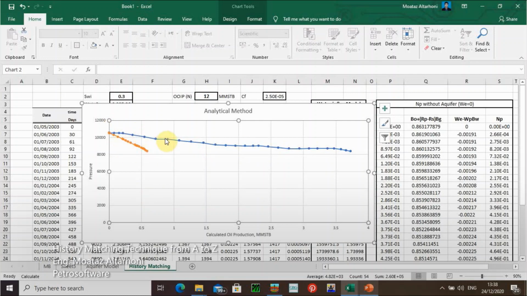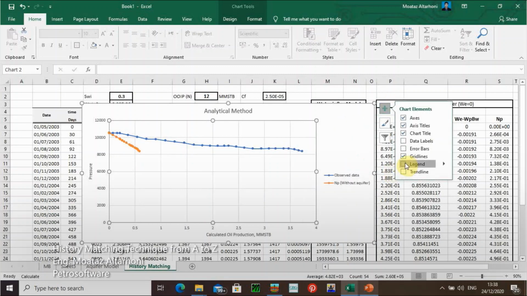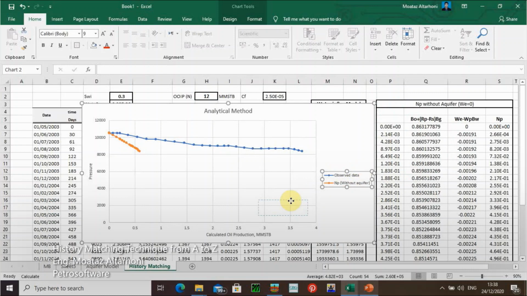We can see the cumulative oil production is about 3.7 million stock tank barrels of oil at the end of this time. If I assume the reservoir is without aquifer, I don't have any good information. It's a low volume of water, so no match between the two curves. I have good data.